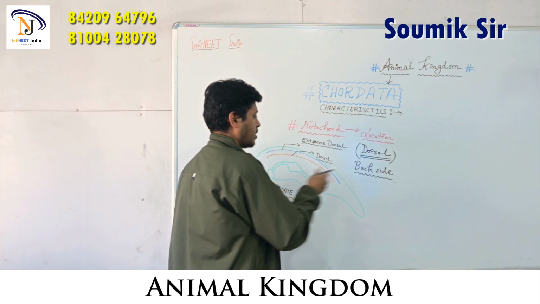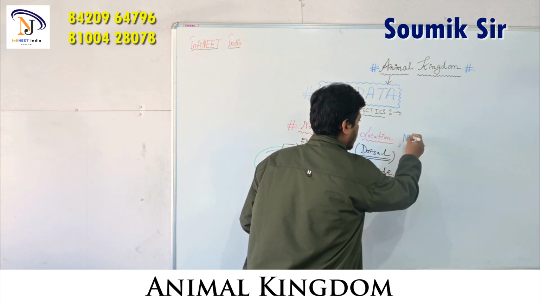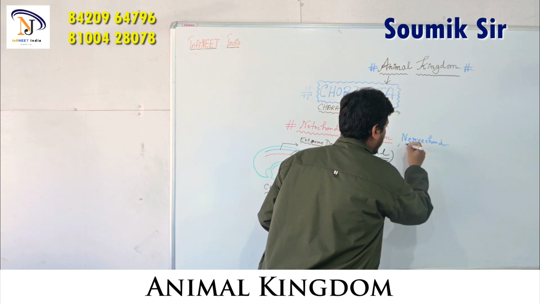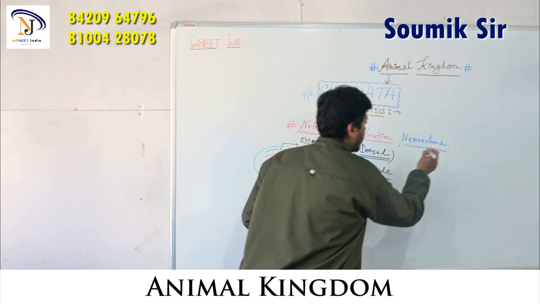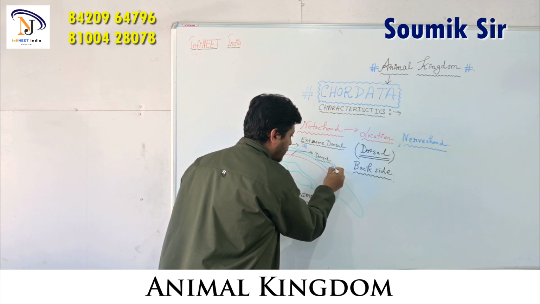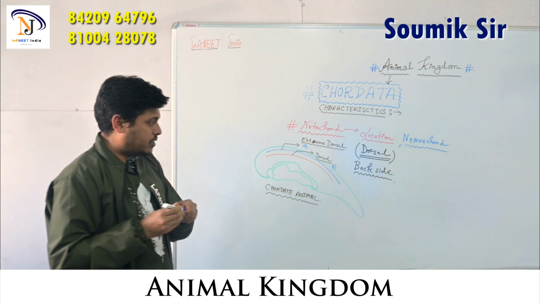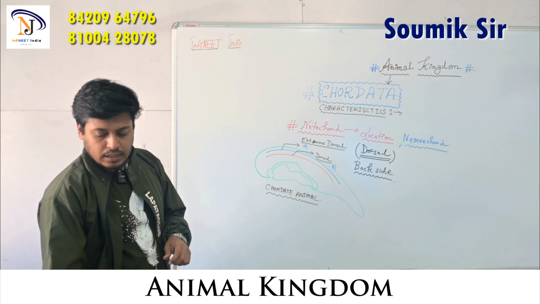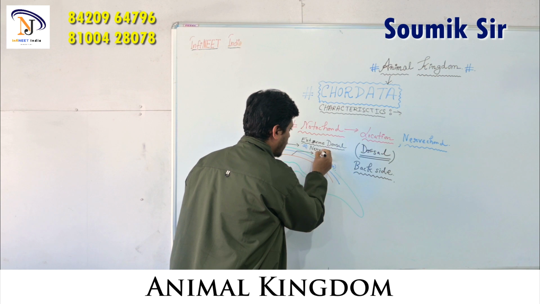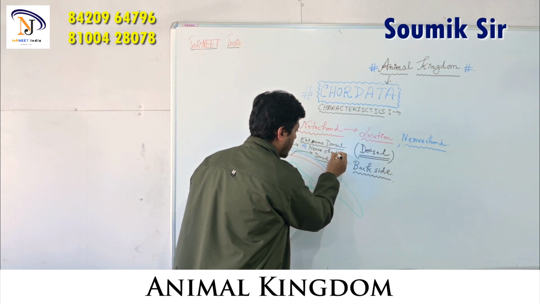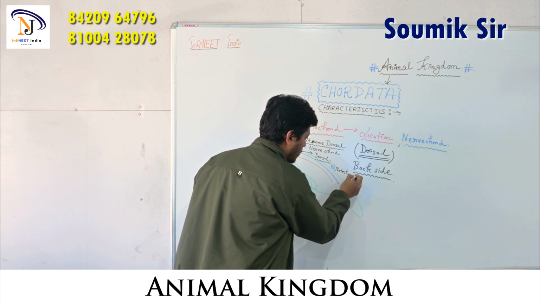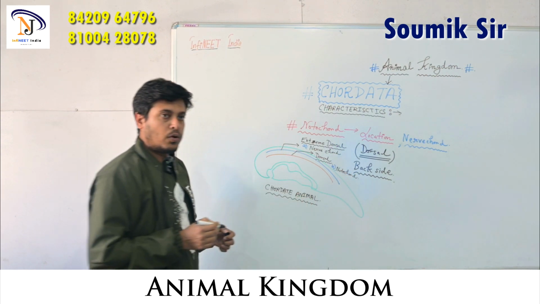Those two structures are nerve cord and notochord, at positions A and B. Okay, at the extreme dorsal position, this is the nerve cord, and at the lower position, this is the notochord.